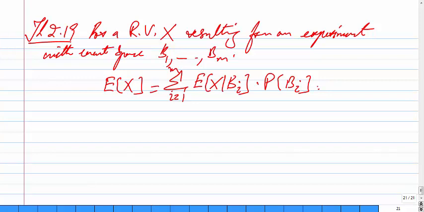Now Theorem 2.20. This is all an extension of the basic theorems that we have about random variables.